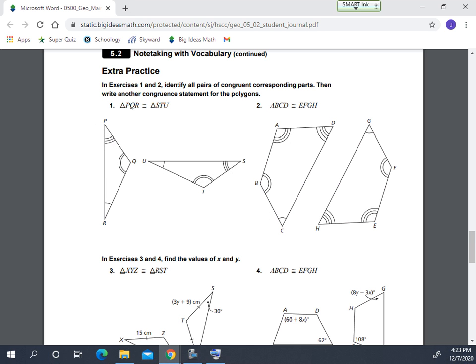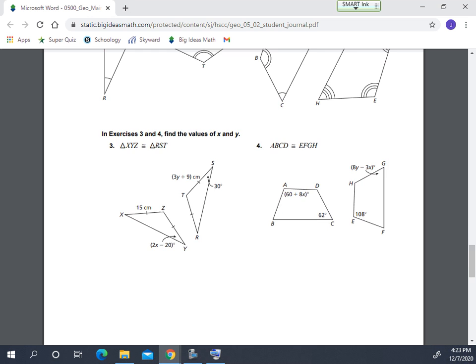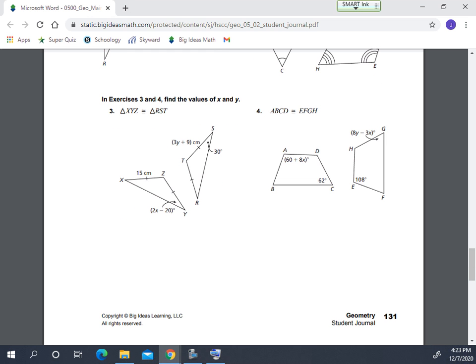Moving on to number 2. You guys can do this one. You guys make sure corresponding parts are matched up. I'm going to scroll on and go down to here. Number 3, find the values of x and y.